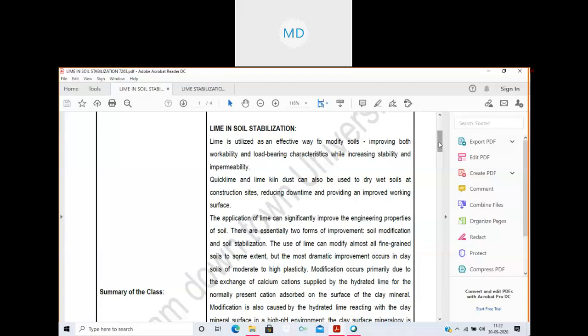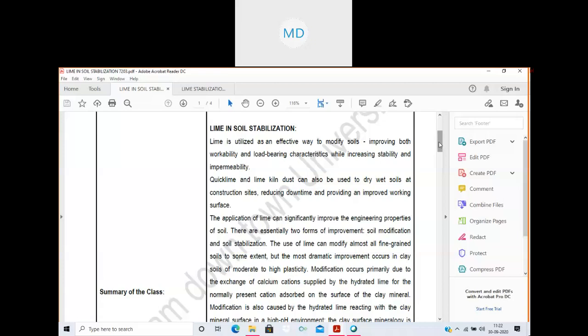Soil stabilization. Actually, in previous classes also I have told you a bit. Soil stabilization is a term that is used for any physical, chemical, mechanical, or you can say also biological method of changing the natural soil.